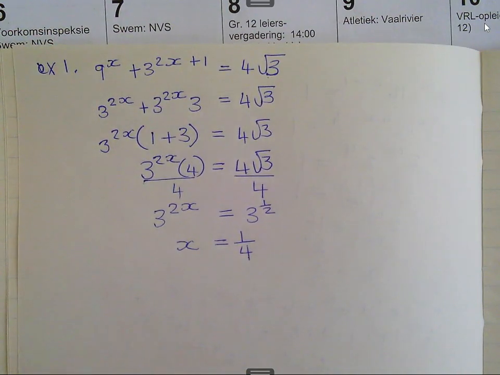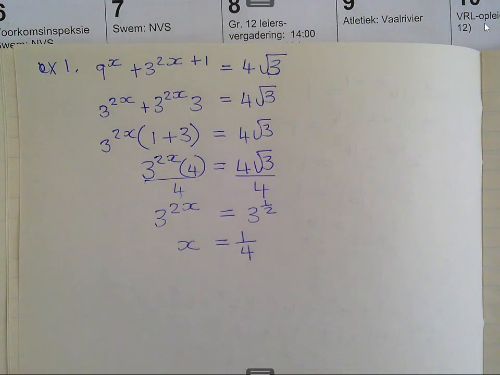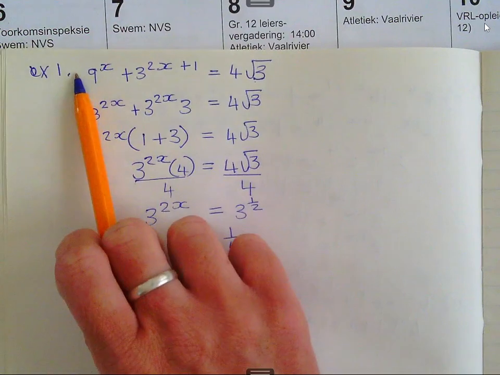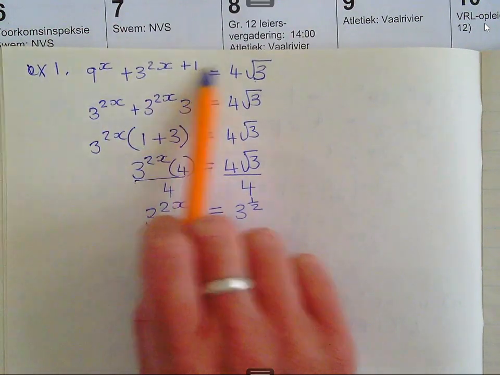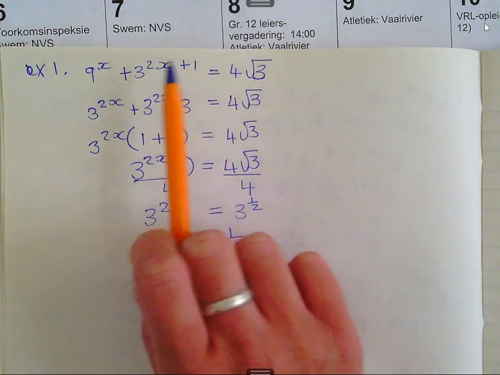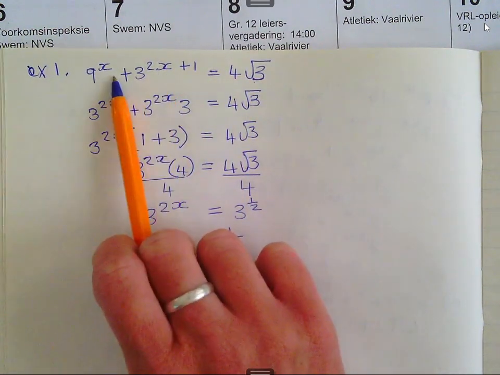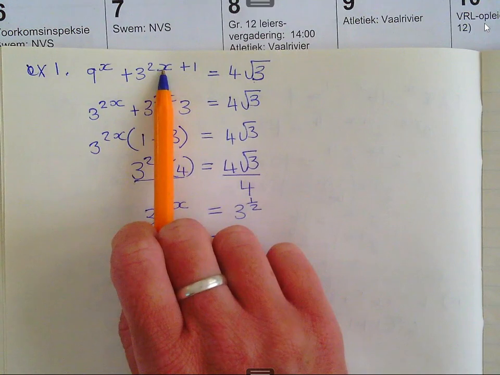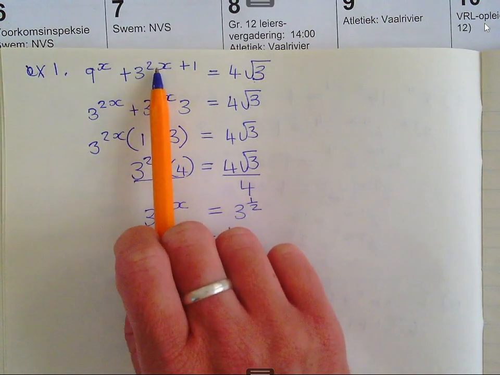Why are you looking confused? No, I said when they say prove that this is equal to this, then you don't touch this side. This one I said solve for x. You remember? Okay.